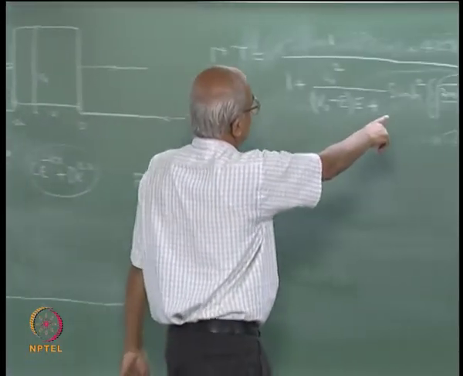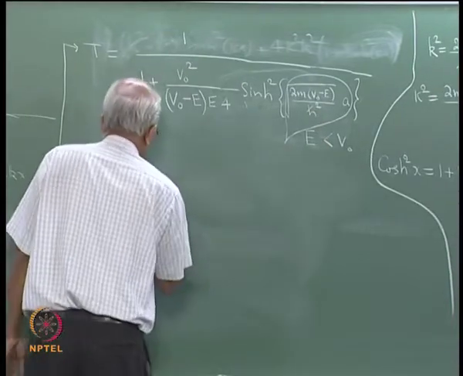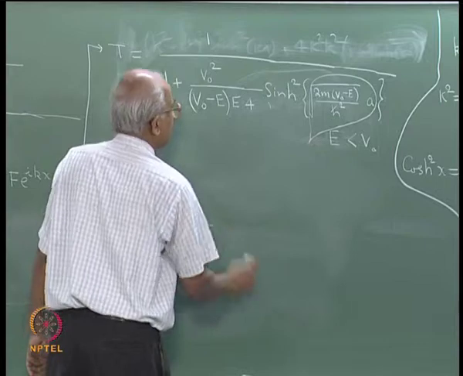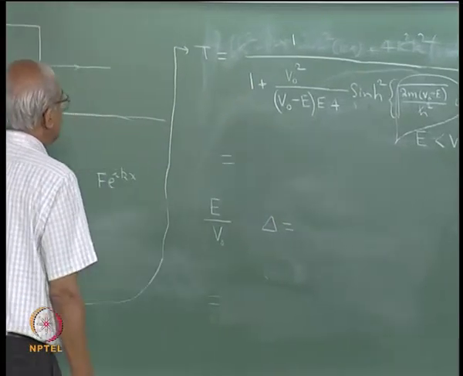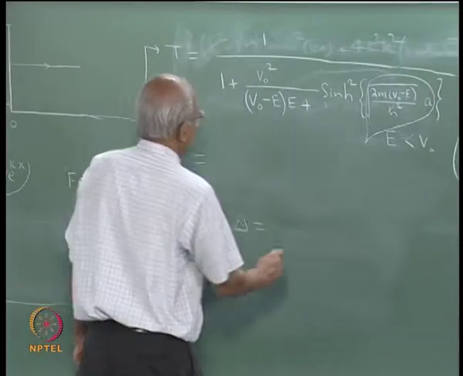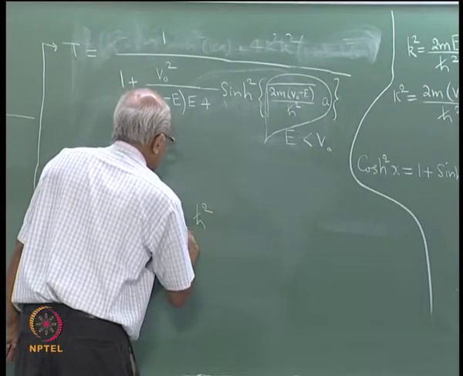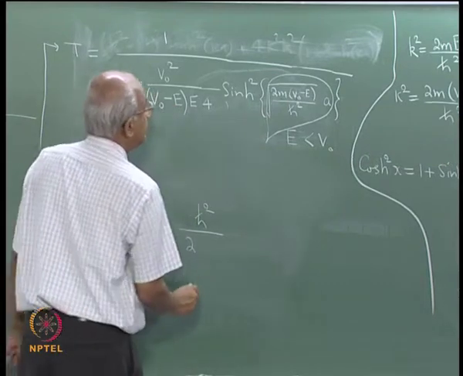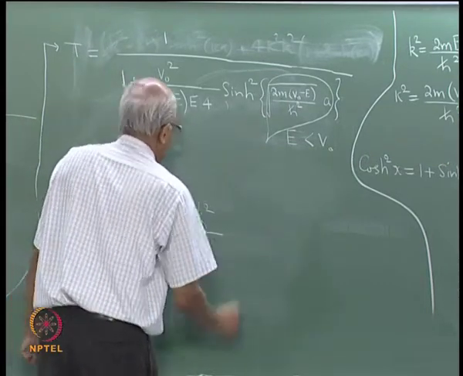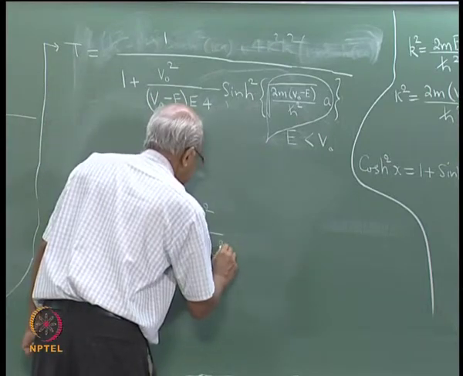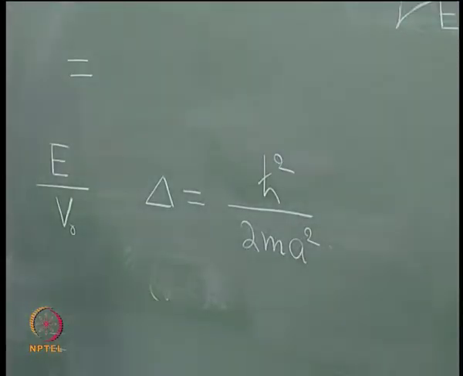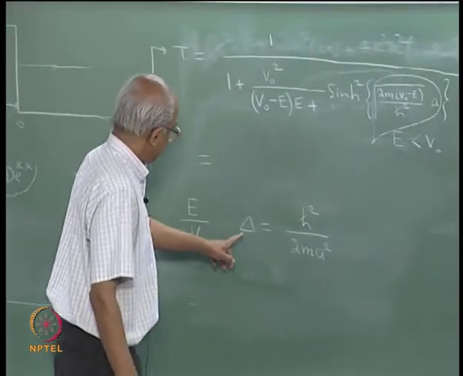Similarly, from here I can introduce another dimensionless object, which I shall define as delta, and delta will be defined to be equal to h cross square divided by two m a square. Let me just check this definition. Okay. So, this is a delta.